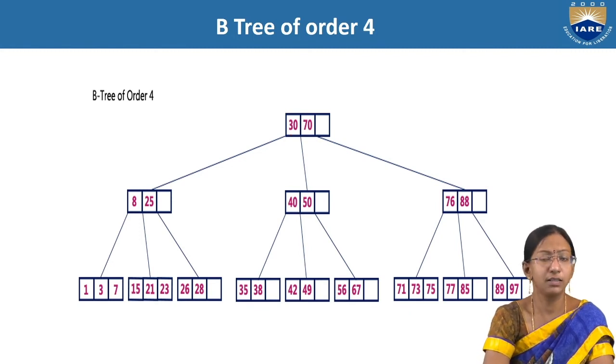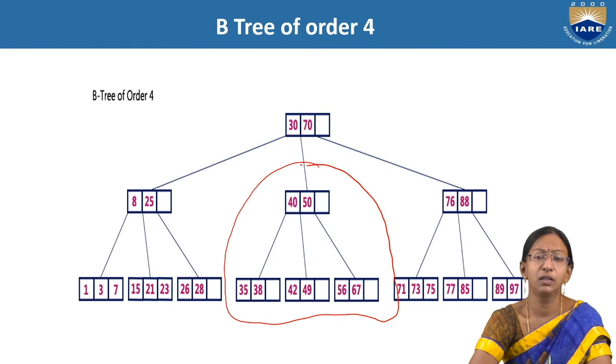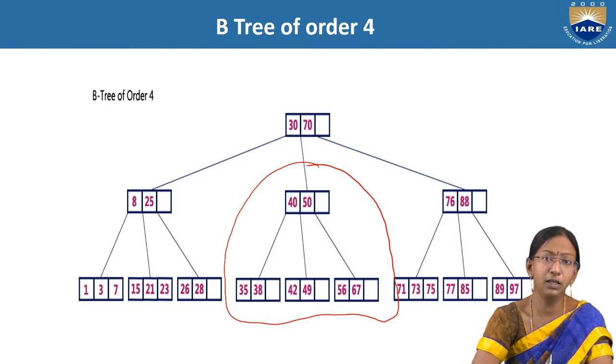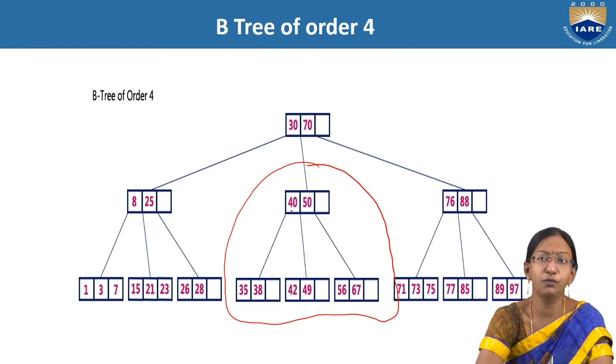Okay, let's analyze this point also. Have a look at this subtree. Forget about the remaining tree. Keenly look at this subtree. The root node of this subtree has values 40 and 50. So all the values left of 40 are lesser than 40, which are 35 and 38.